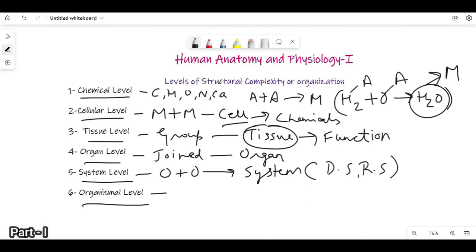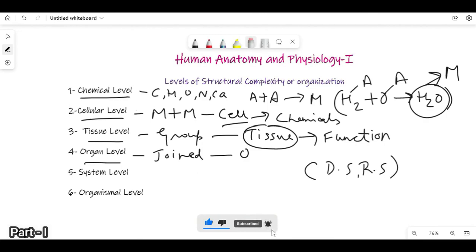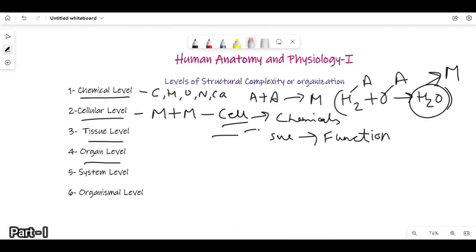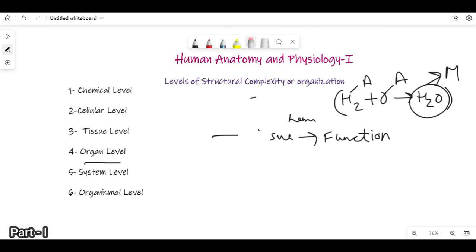At the organismal level, all the parts of the human body function together to constitute the total organism. Next we will study the systems of the human body, how many systems there are in the human body. We will study them one by one.